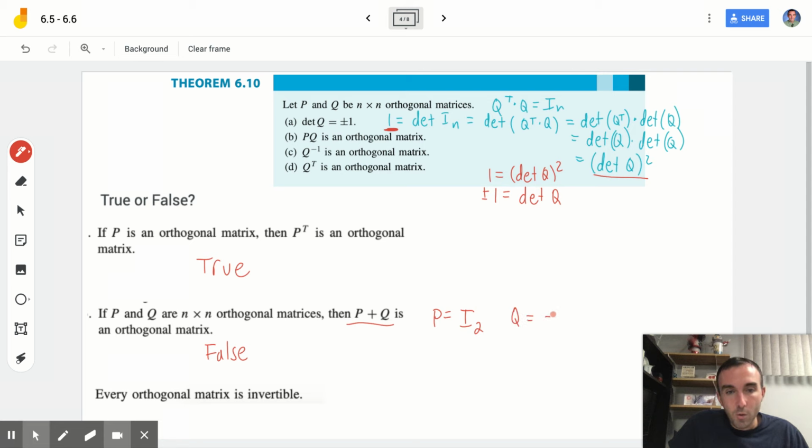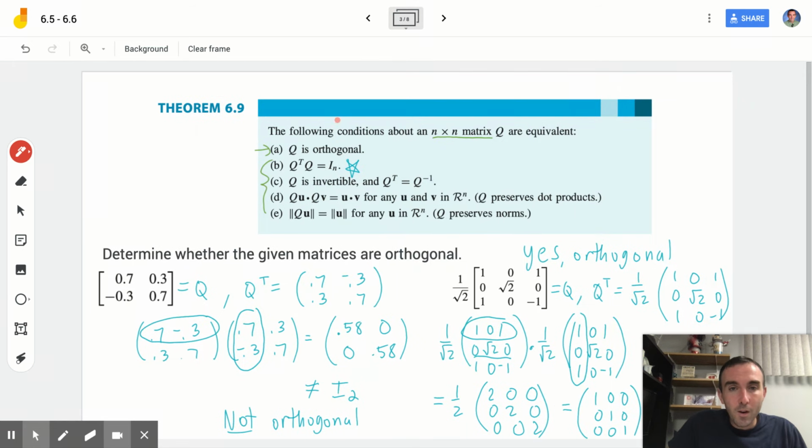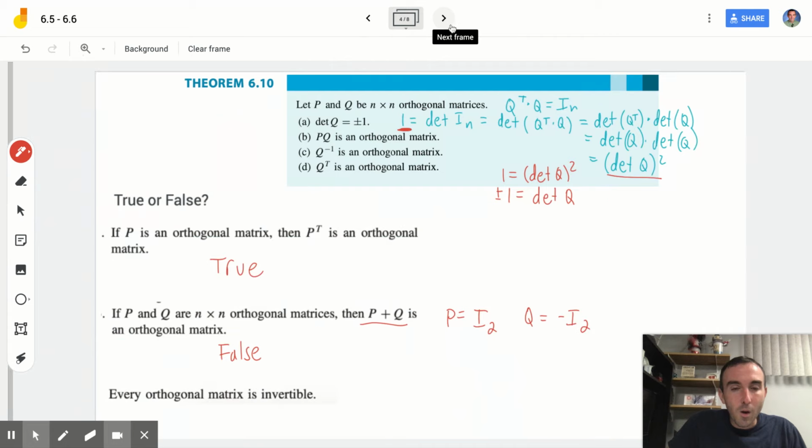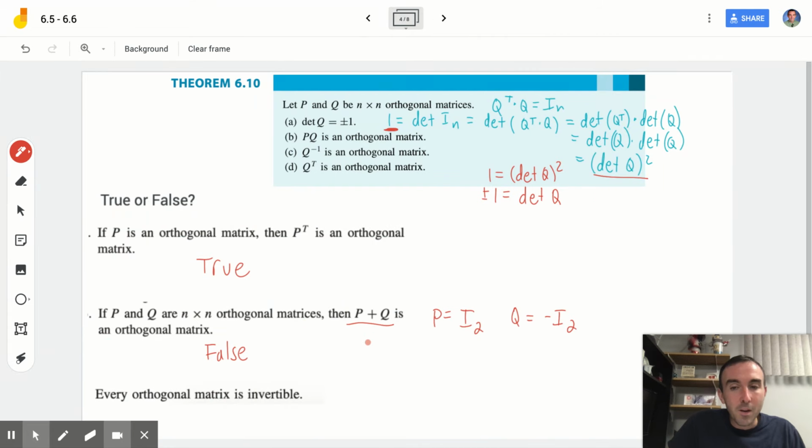So if we chose the positive identity matrix for P and the negative identity matrix for Q, 2 by 2, each of these individually is orthogonal, but if I add them together, that's a zero matrix. And we know the zero matrix doesn't have a determinant of 1, among other things that are equivalent to these steps. So for that reason, that is a false statement.